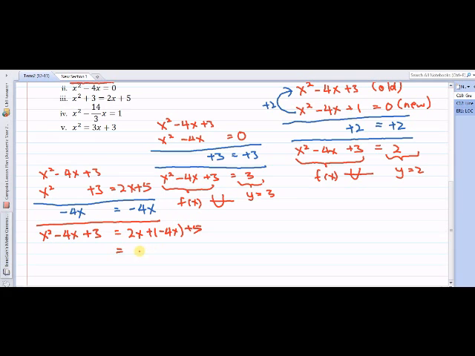And this is equal to negative 2x plus 5. Again, the left part is f(x) or the curve, and the right part can be read as y equals negative 2x plus 5. So this is the line, and we can see that there are two solutions.